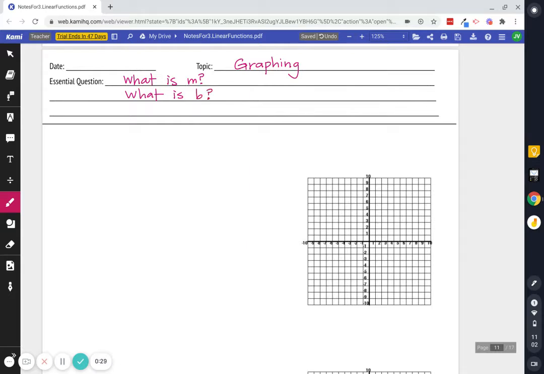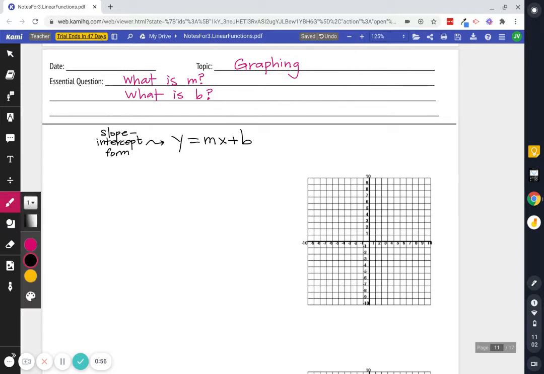So here we go. In graphing, we are going to rely heavily on the equation y equals mx plus b. That is called slope-intercept form. In this equation, I'm going to use orange for b.